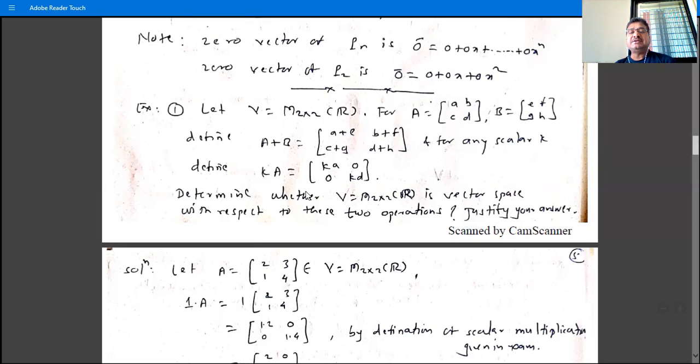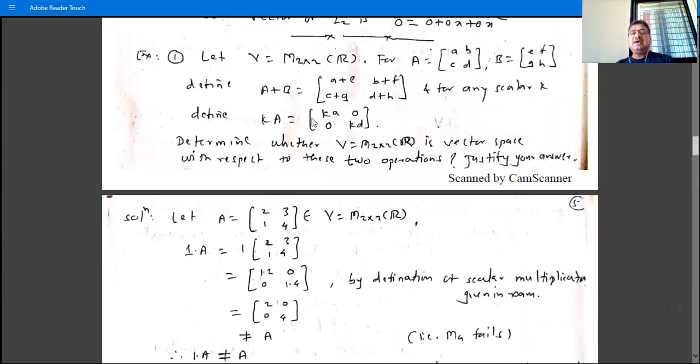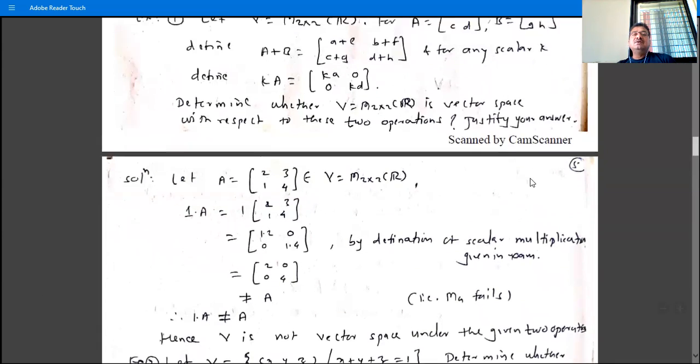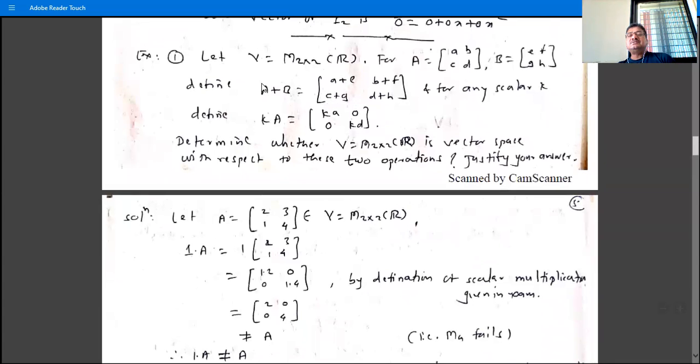And the scalar multiplication is defined like this: kA is the matrix (ka, 0, 0, kd). This is not usual scalar multiplication, and we have to determine whether this set is a vector space with respect to these two operations. Justify your answer.